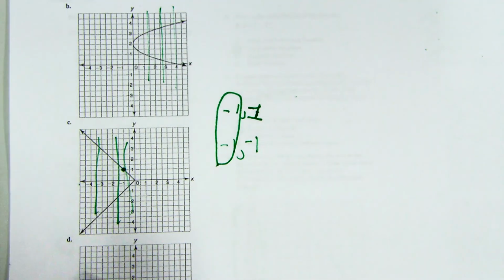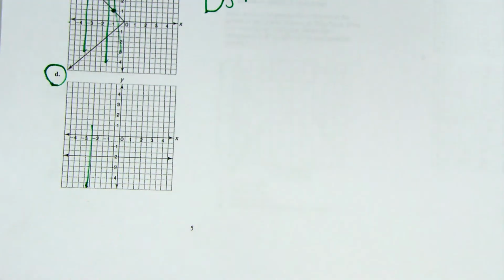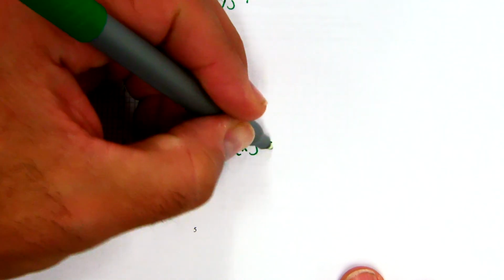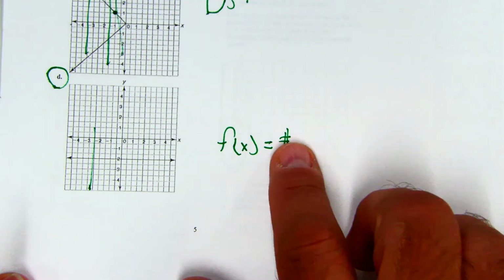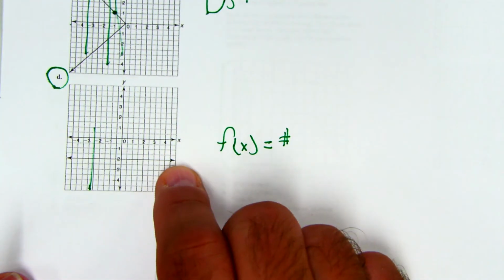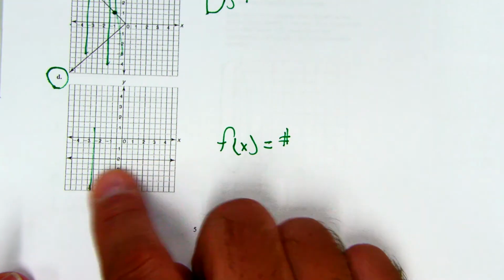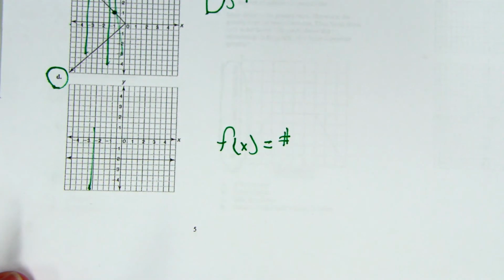This is not a function. So last but not least would have to be D. D is the function. It's a constant. That means it would be f of x equals a number. Doesn't matter what number it is. In this case, it's 2. Okay, because the line's on 2. But it is a horizontal line. It is flat.